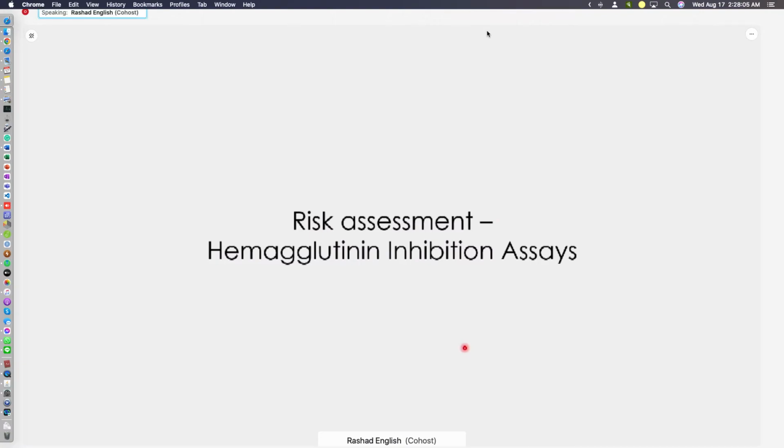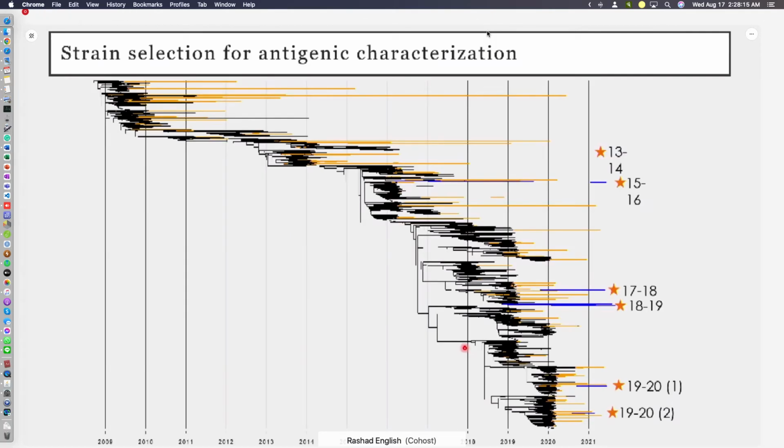So we looked at hemagglutinin inhibition assays using ferret antisera against the H1N1 vaccines. We chose representative swine strains to test against the vaccines. We wanted to choose strains with various lengths of circulation in pigs, from different years of spillovers.